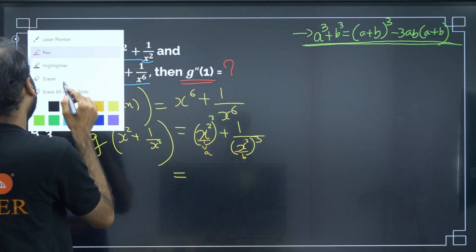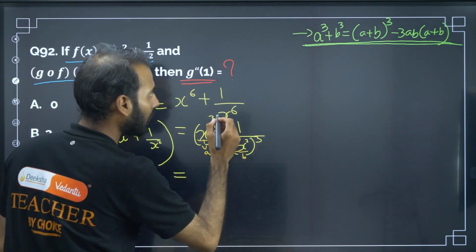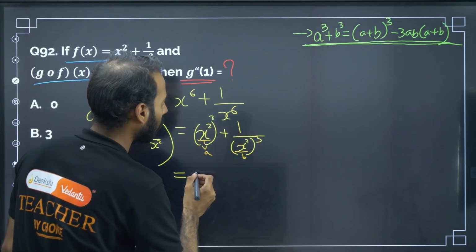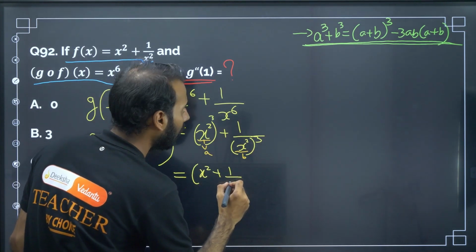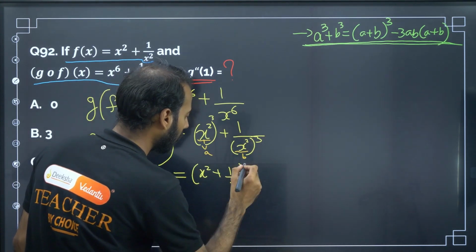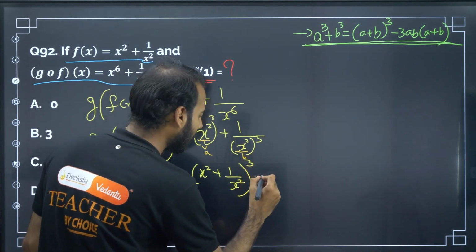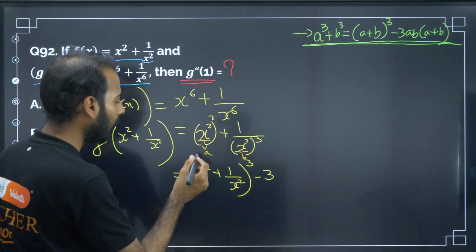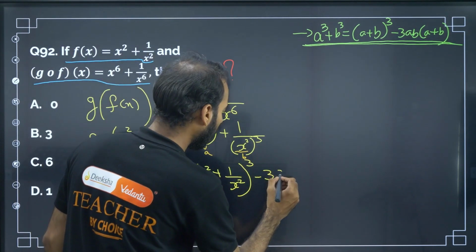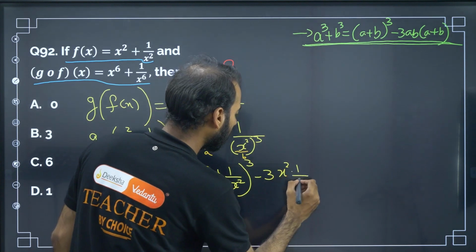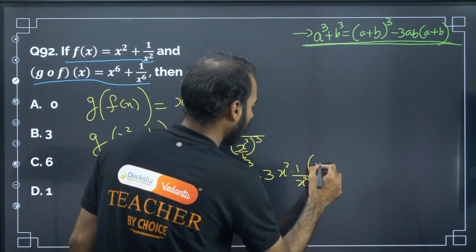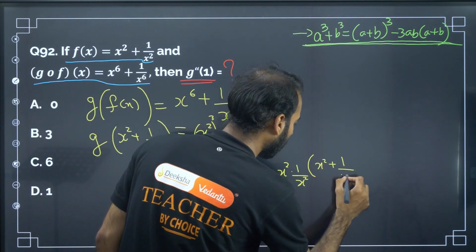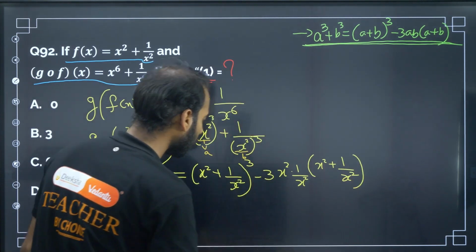So a plus b whole cube is x square plus 1 by x square, whole cube, minus 3ab. In place of 3ab I will write 3 times x square times 1 by x square times a plus b, and a plus b is x square plus 1 by x square.